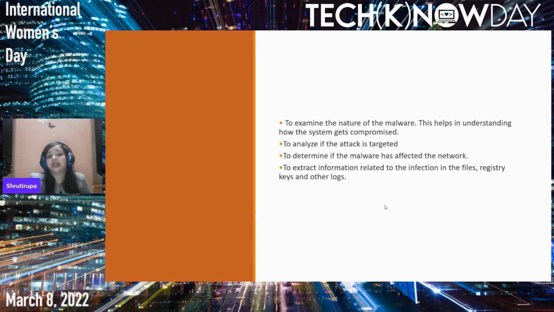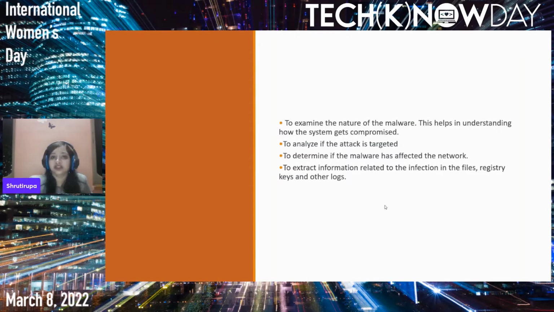Another thing could be that the malware's intention could be to extract information from different files, from different registry keys, from different logs. What are all these things? These are some important files which are present in the operating system that actually help in the functioning of the operating system.